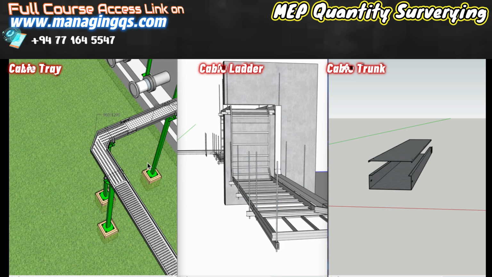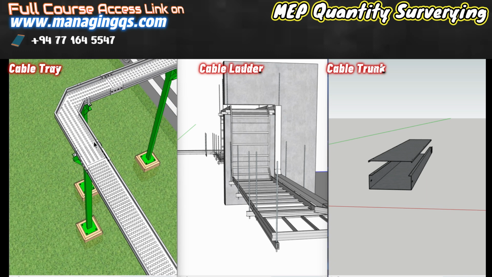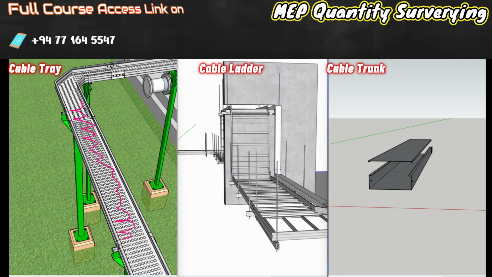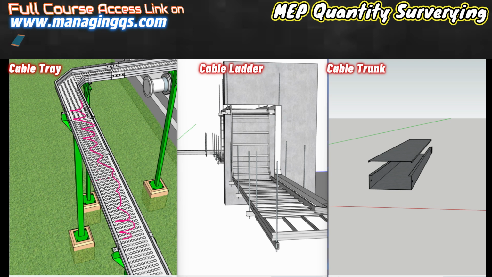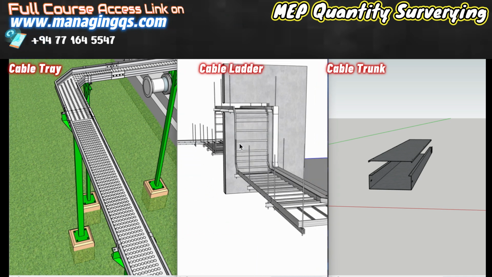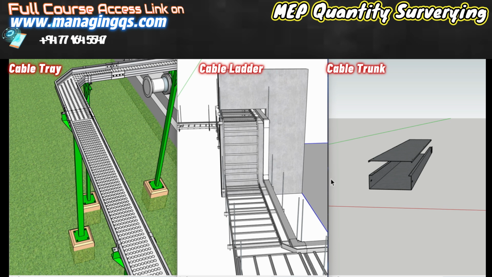Next, you can see the airflow. For the cable tray, airflow means it is fully open at the top, and some cable trays you can easily identify have holes in the bottom, which also helps airflow. The second is the cable ladder: it is fully open, so there is a huge airflow going through it.